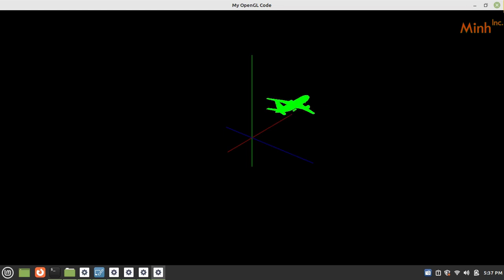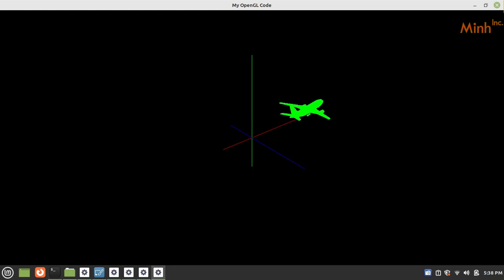Now it is on the x axis. I can see it. Okay, this is like this. Now I can again rotate.